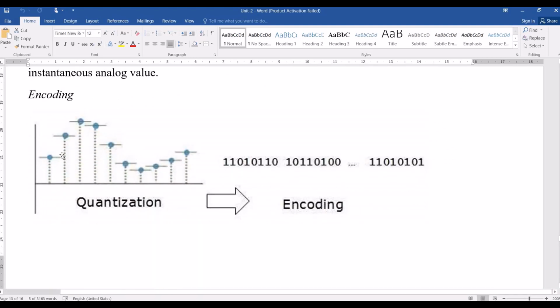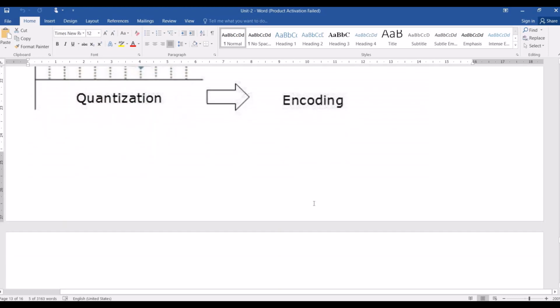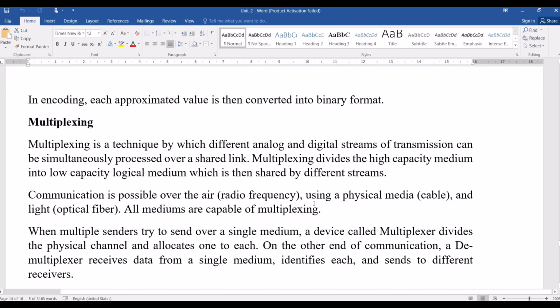So each and every quantization value has a representation. The first quantization value has this binary information, this one also has a binary value, and this one also has a binary value. This is called encoding. From the quantization, in encoding, an approximate value is converted into binary format.